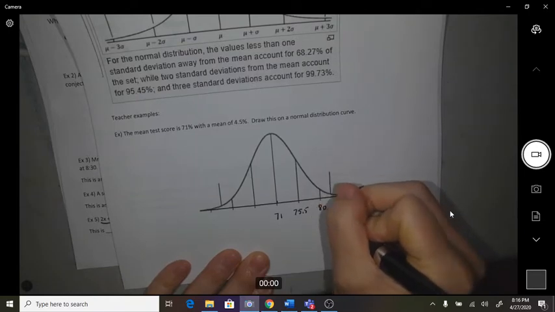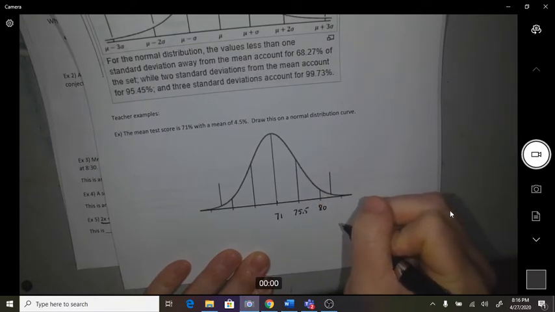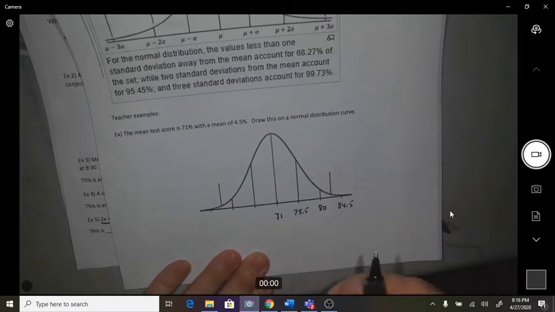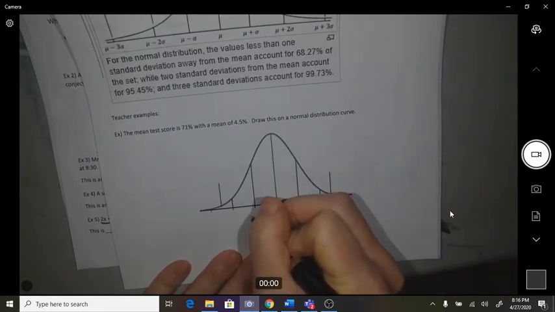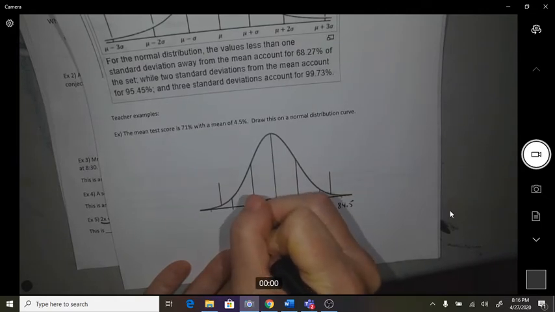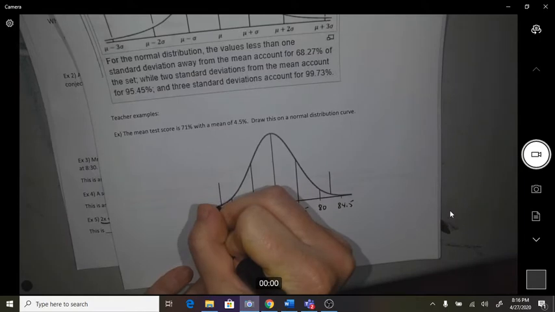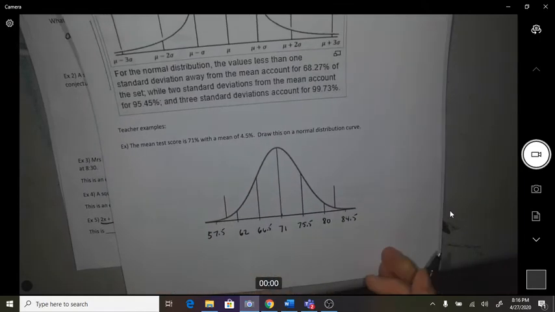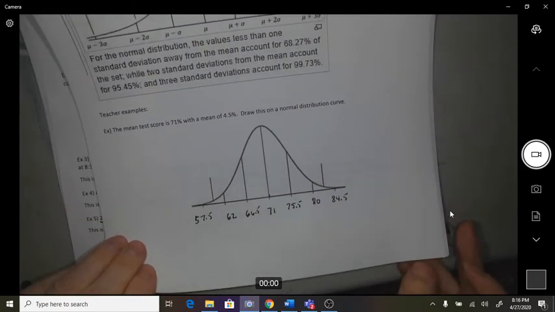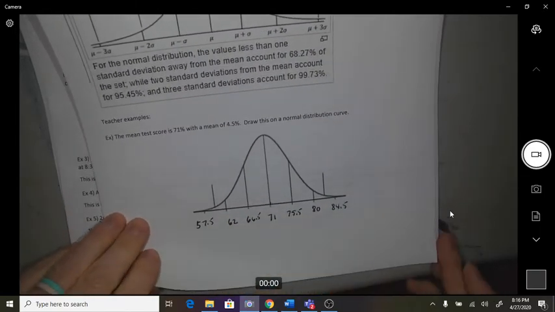If you're 2 above, that's another 4.5, so that's 80 and 84.5. Okay, if you are scoring below, the first standard deviation below is 66.5, then 62, then 57.5. Okay, so those are the numbers on the curve.